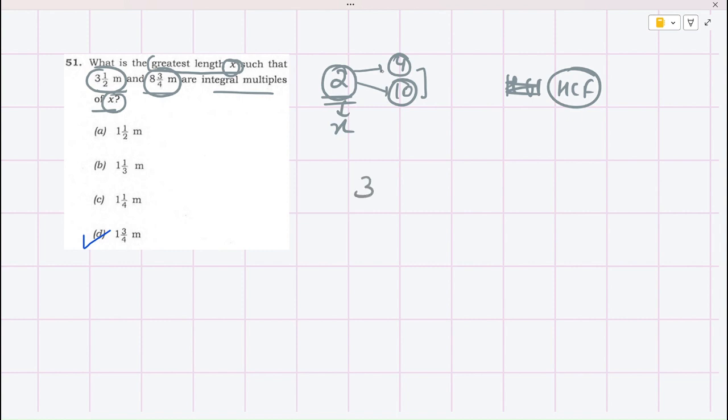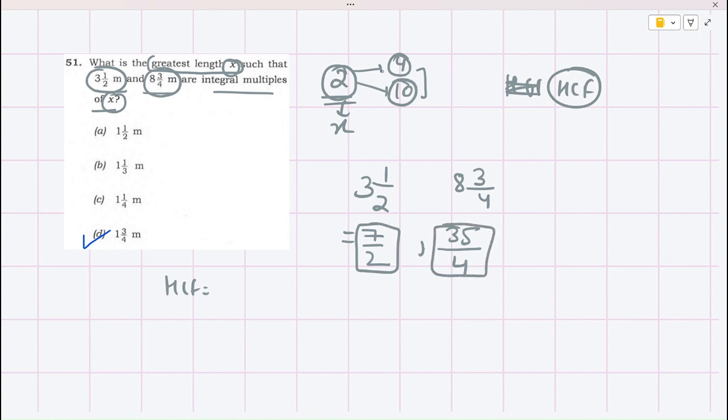So then we have these two numbers. We can just write these two numbers here. Now converting them to the improper form, it will be 7/2 and then we have 8 4s are 32 and then plus 3, so it will be 35 divided by 4. Then we need to find out the highest common factor of these numbers. So we know the formula of finding out the highest common factor of fractions.